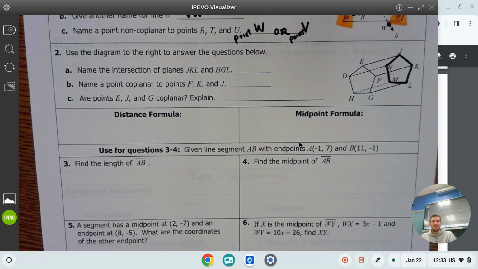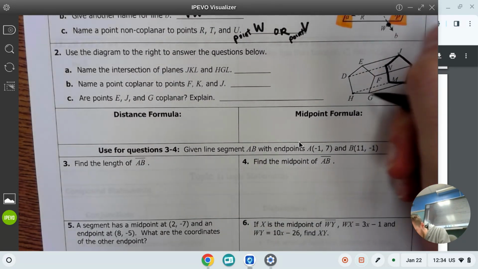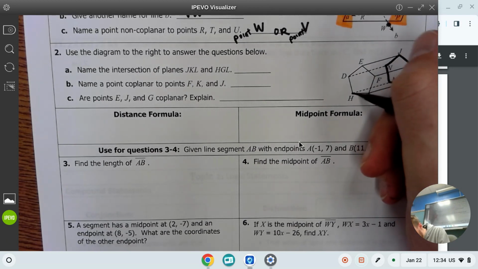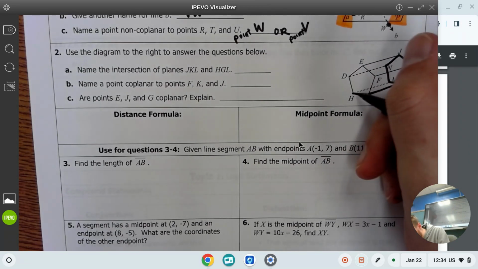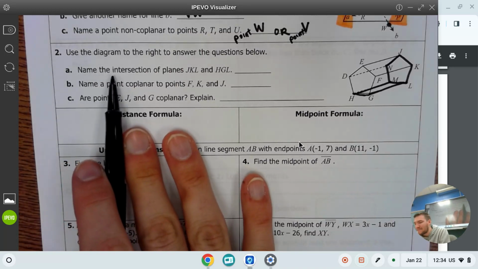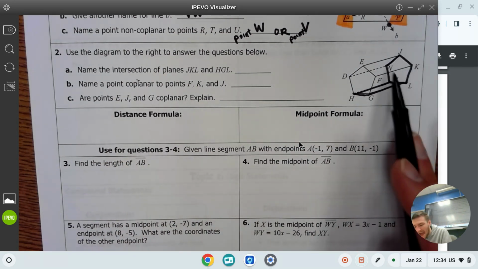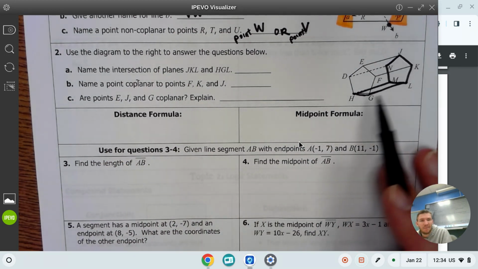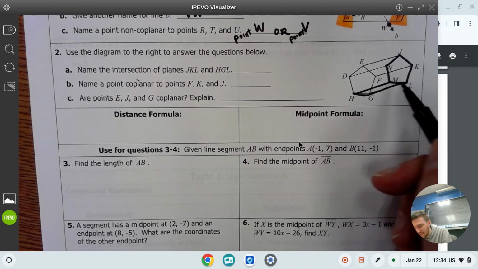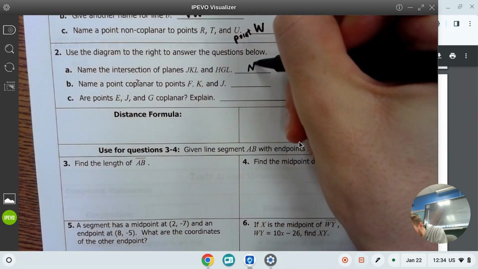When I see this shape, I think that is the back side of the barn or something. Then we have HGL. This is going to be the bottom of the barn. So when it says name the intersection, where does this back wall touch the bottom floor? They touch at this line ML.